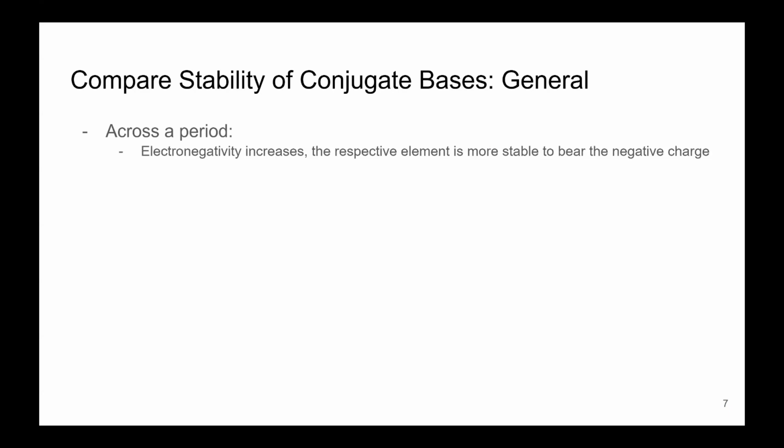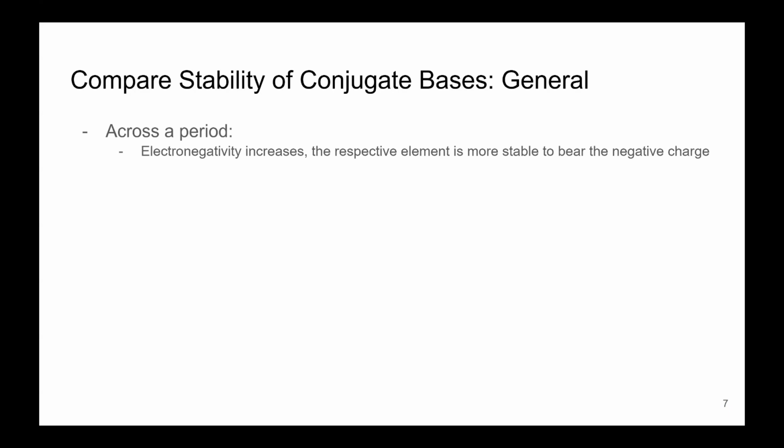Moving on, another way that we can compare the strength of acids is to compare the stability of conjugate bases. We often do this when pKa or Ka values are not immediately available to us. There are several trends that we can observe across the periodic table. Across a period, the electronegativity of the element increases, and the respective element will be more stable to bear the negative charge.